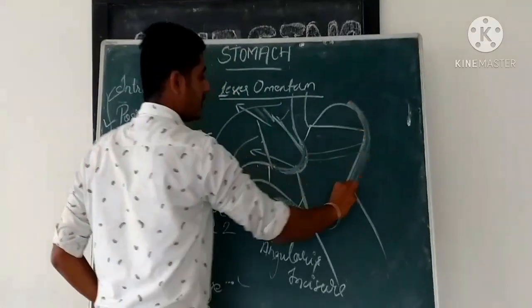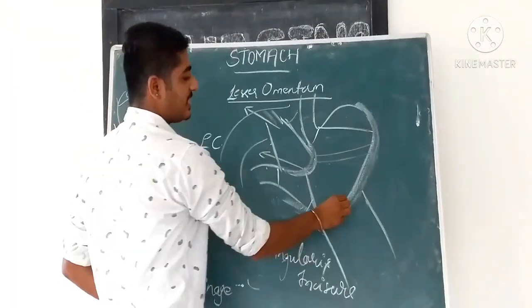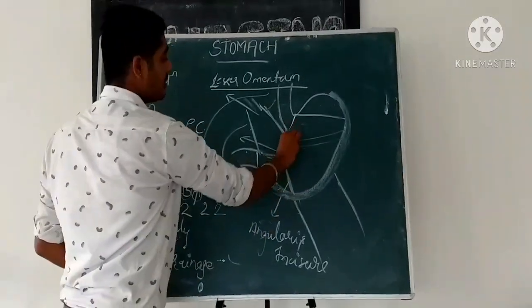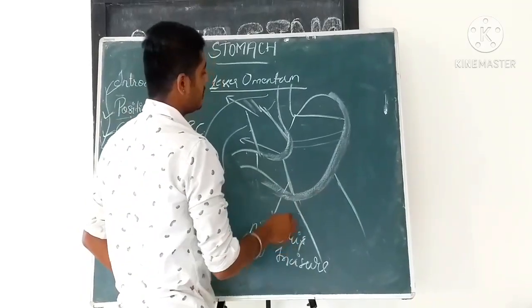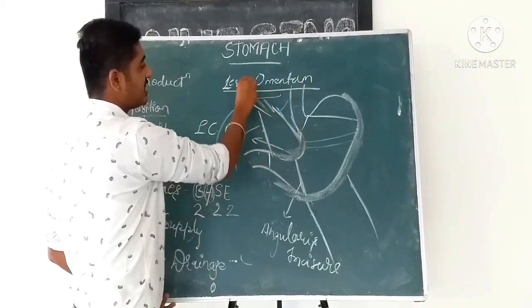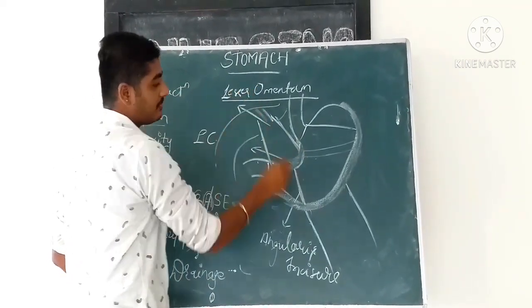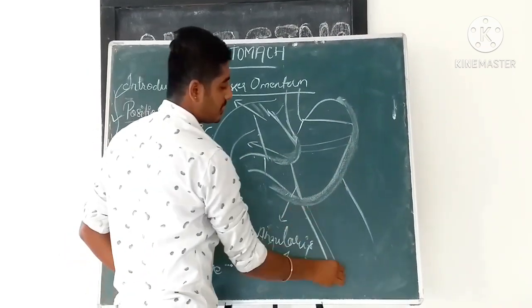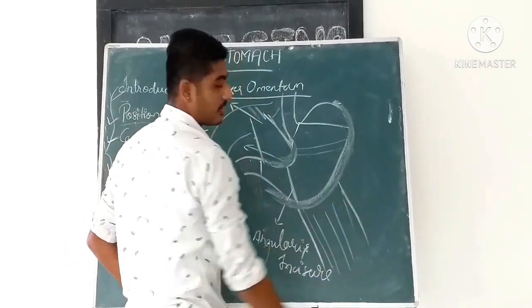Now coming to the greater curvature, it is 4 times bigger than the lesser curvature. As the lesser curvature gives attachment to the lesser omentum, the greater curvature gives attachment to the greater omentum here.